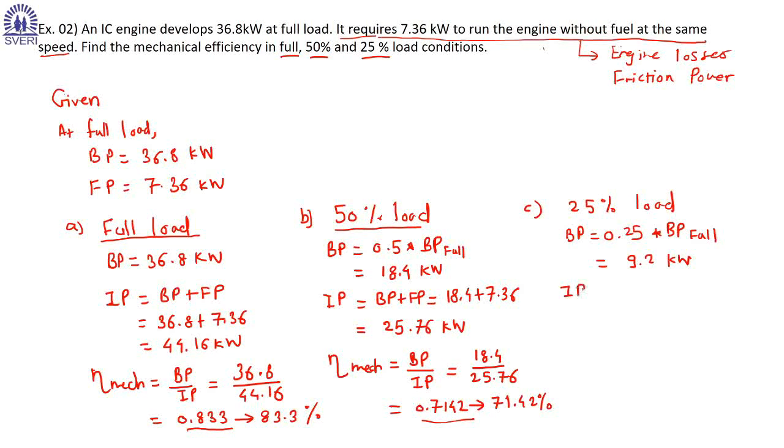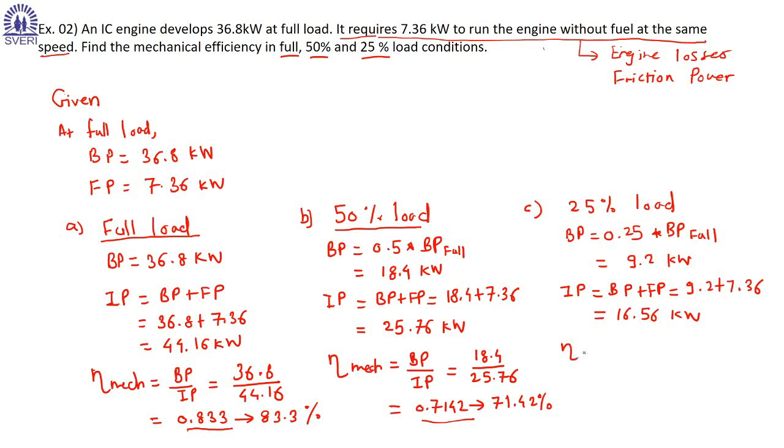So indicated power, again, will be equal to brake power plus frictional power. So this will be equal to 9.2 plus 7.36, which is 16.56 kilowatt.